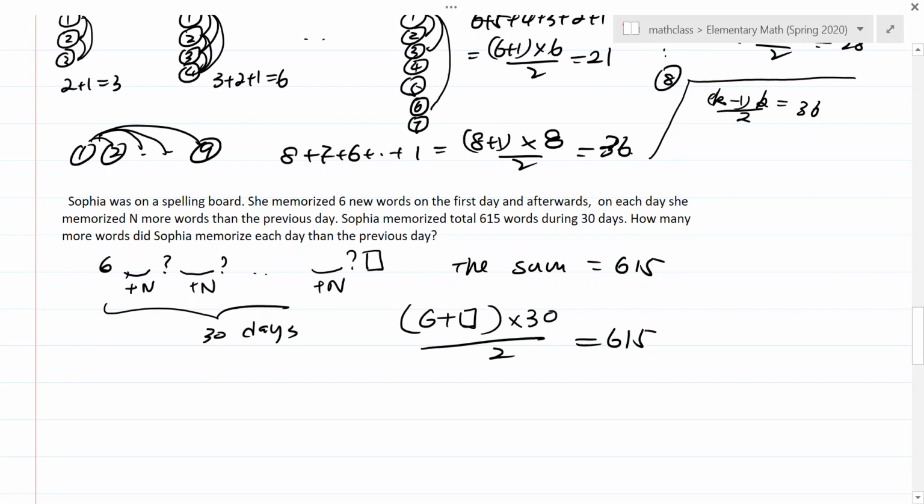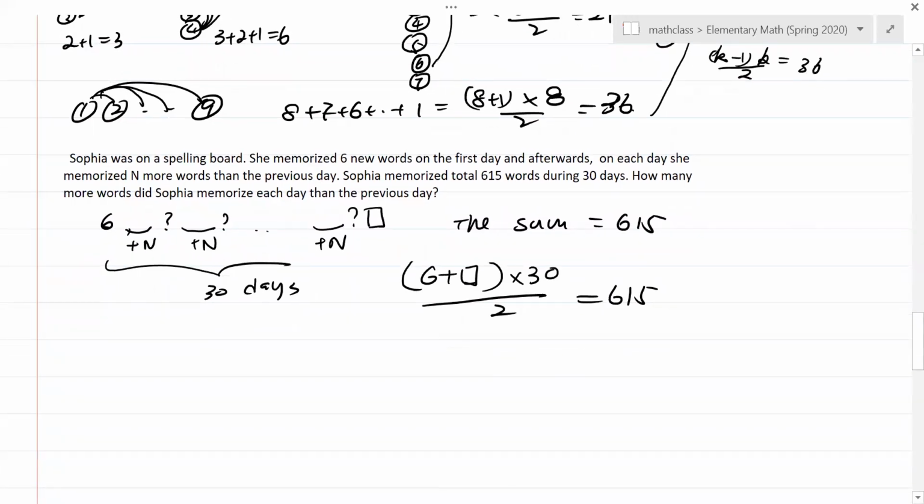So you figure out the number of words memorized on the last day. 6 plus the number, times 15, equals 615. Then you solve this, and that is going to be 41.